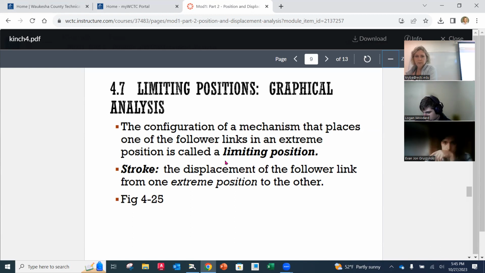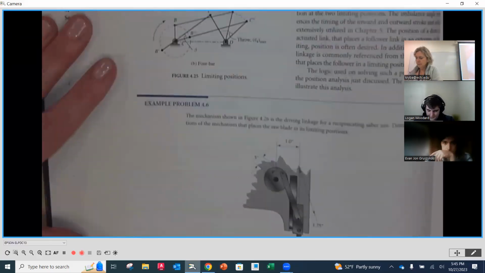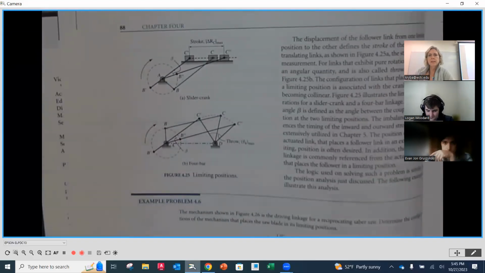So if we look at figure 4-25, we're skipping a bunch of pages here, figure 4-25 up on the top of page 88. They have both examples.